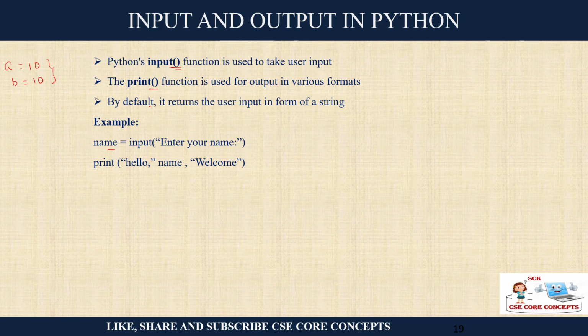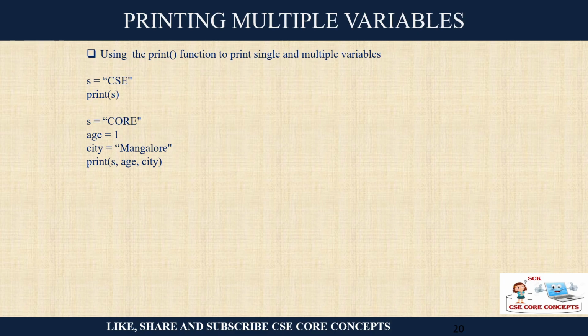So you take a variable name where you use the input function to take the input of the user, the name, and you simply print it. Here you have taken only one input value and your output is also one, but you can also print multiple values in one print statement.